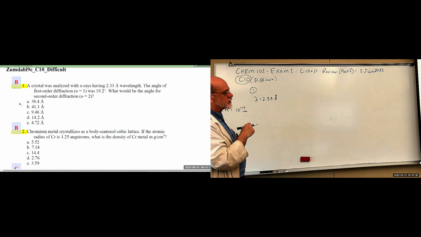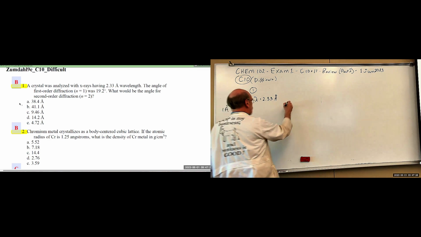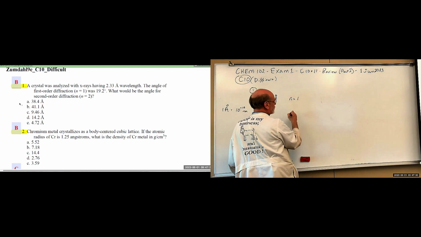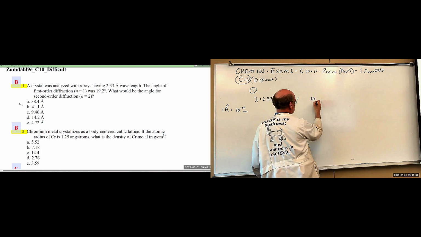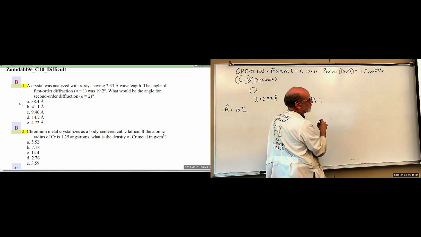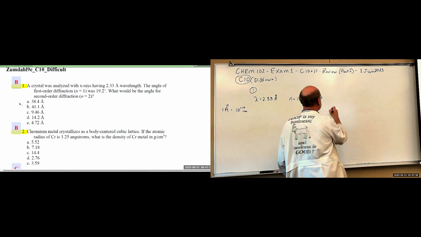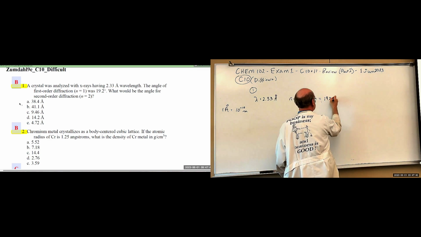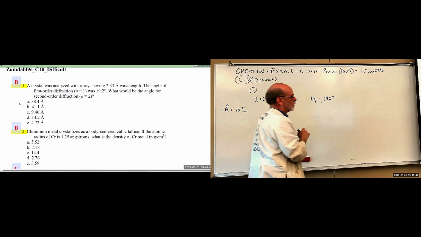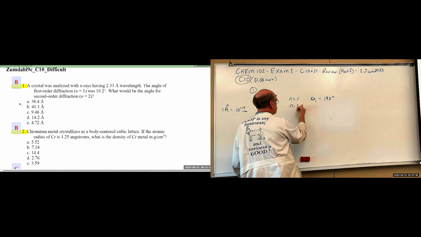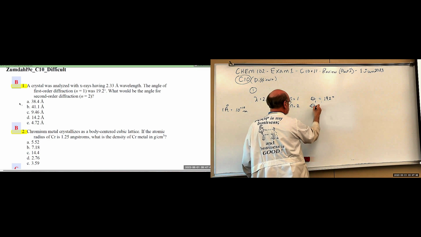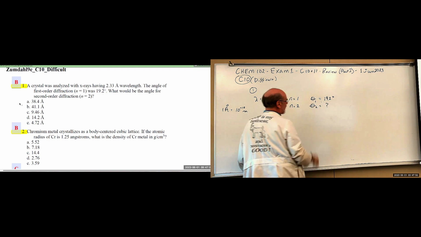The angle of the first order diffraction, where n is equal to 1, theta for the first order is equal to 19.2 degrees. What would be the angle for the second order? Right, for n equal 2, the question is, what's that angle?